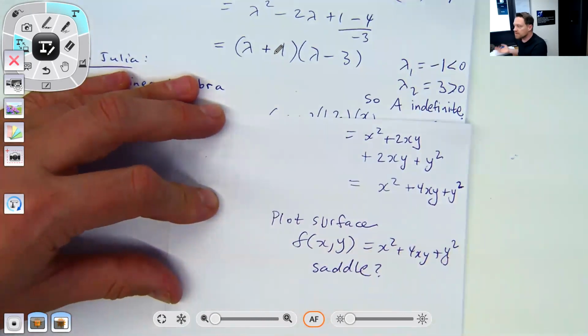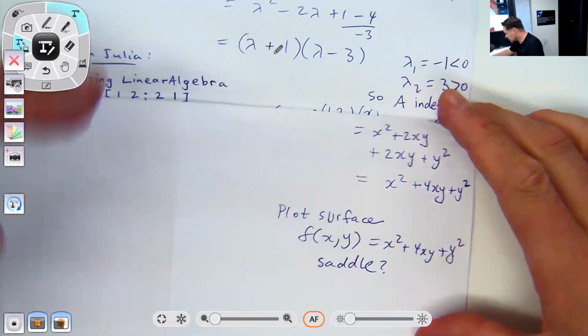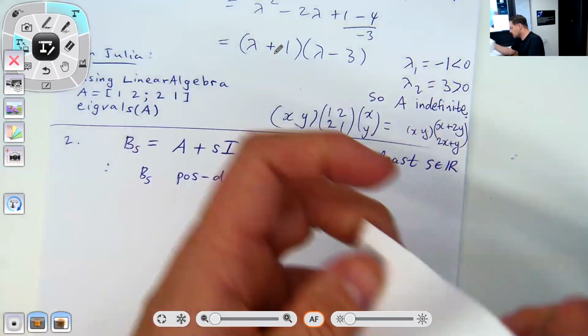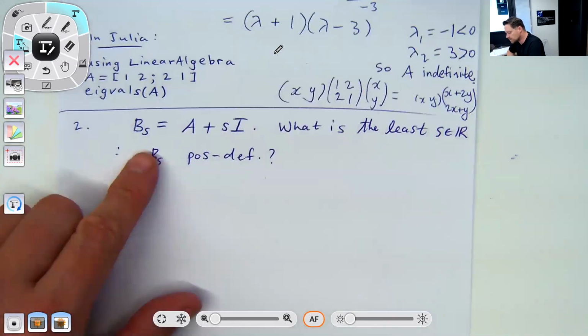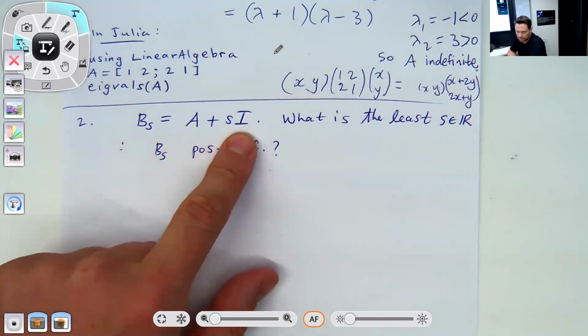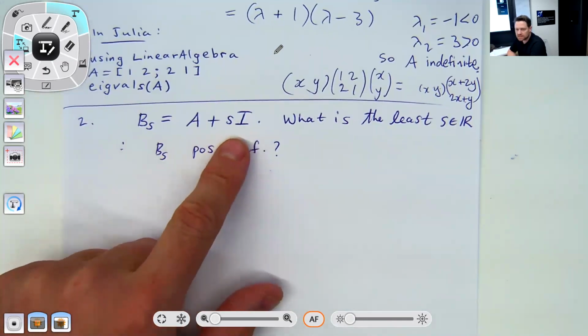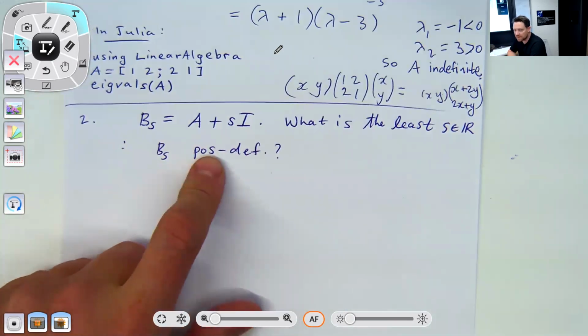Right, if it's indefinite, then it should be. Okay, so let's move on and look at the next question we've got for you here. So now we've got B subscript s given by A plus s times I. And our question is, what is the least real number s such that B subscript s is positive definite?